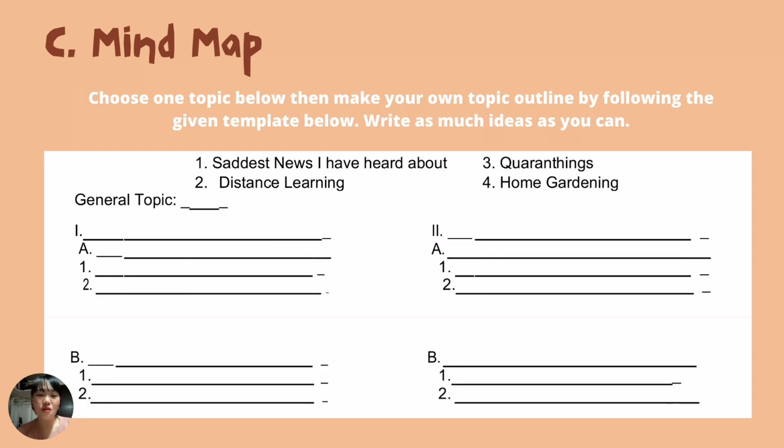Okay, so another activity that you are going to answer or make is the outline. Choose one topic below, then make your own topic outline by following the given template below. Write as many ideas as you can.